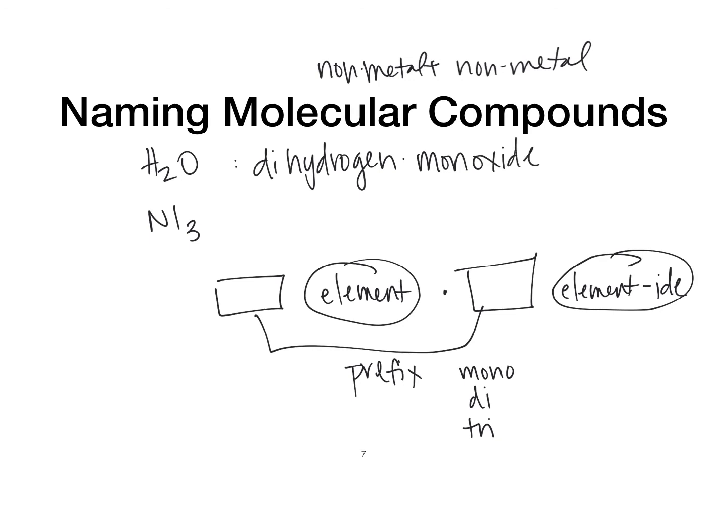The dot in the middle is irrelevant, so I'm going to erase that. Next, if we look at NI3, we don't need to use the mono prefix if it's the first element. So in this case, it would be nitrogen triiodide.